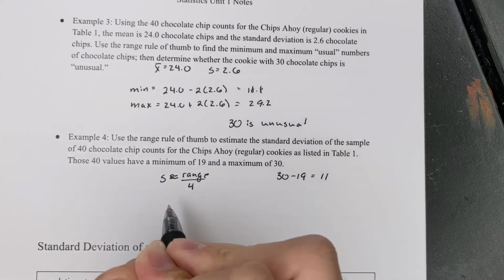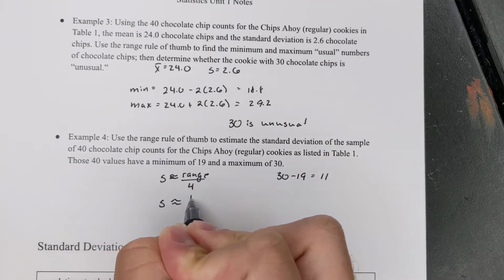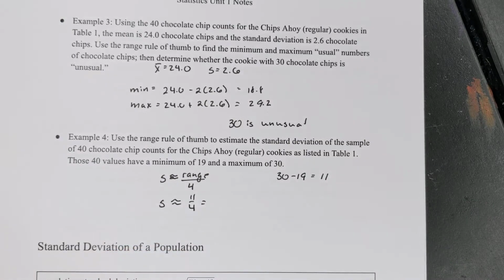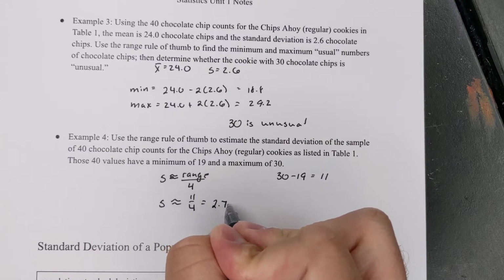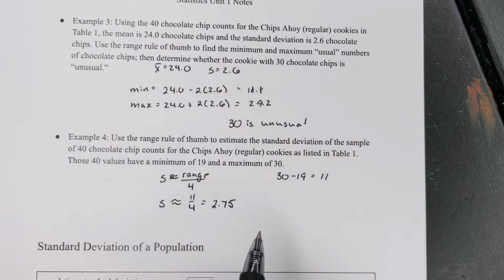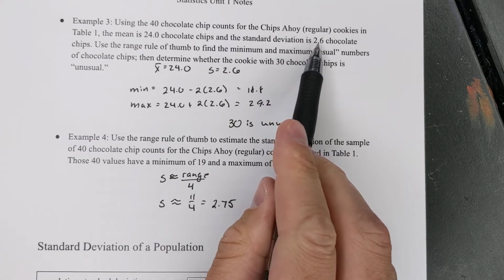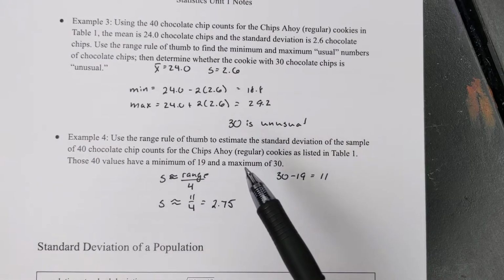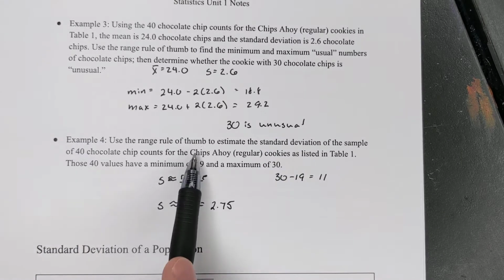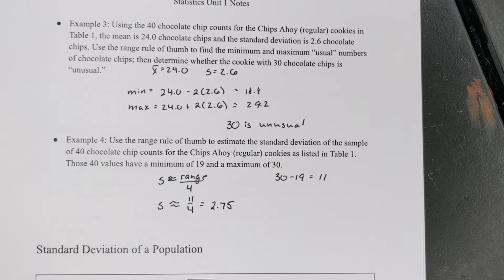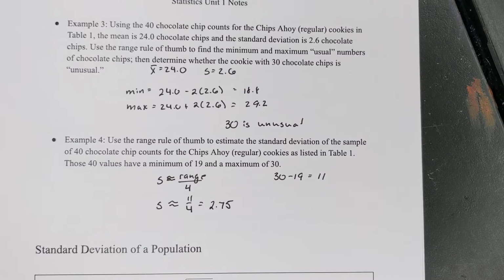That's 11, so 11 over 4 is 2.75. You notice in this case, when we took all 40 measurements, our estimation is 2.75. The actual value up here in the problem was 2.6, so that's actually not too bad of an estimation. But you need to have a lot of measurements. You can't do it with just 2 or 3.